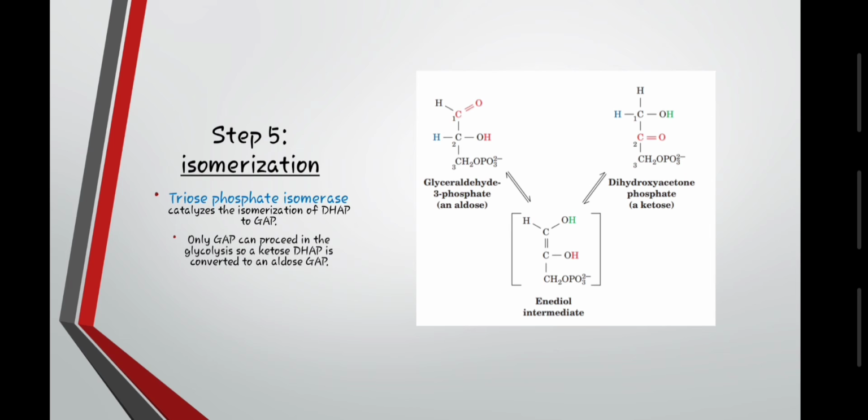So DHAP cannot proceed in glycolysis. Since these are isomers, you can isomerize DHAP to GAP. So you will end up with 2 GAP molecules, which will proceed in this process of glycolysis.